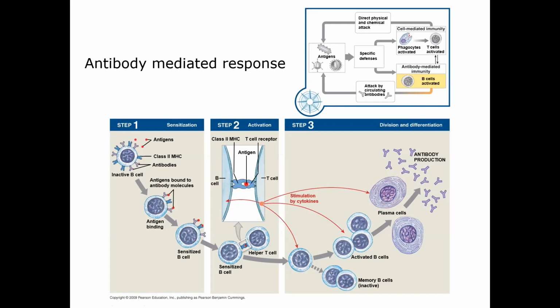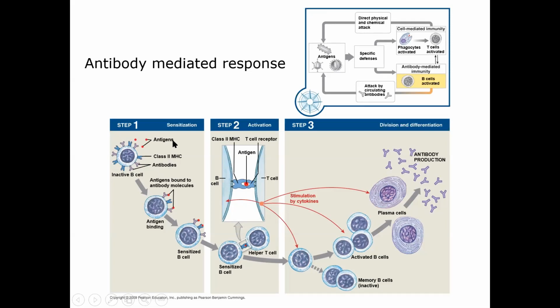The answer, yes. B cells have both MHC1 and MHC2. For MHC1, it's on all nucleated cells, right? For MHC2, it is the antigen presenting cells, right? So this one, the B cell, is an antigen presenting cell.